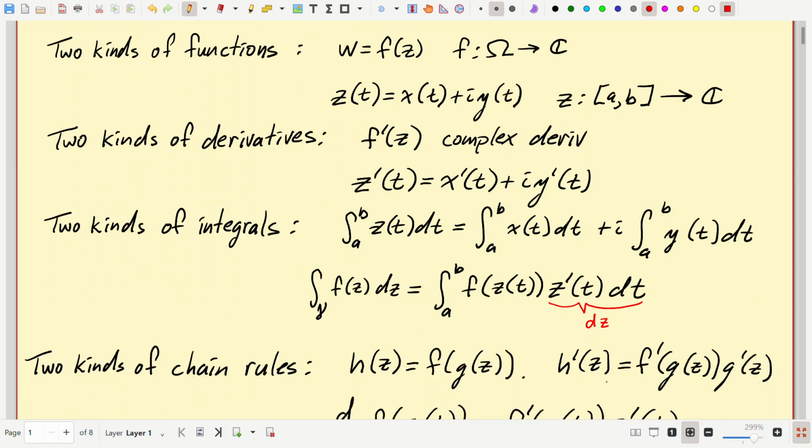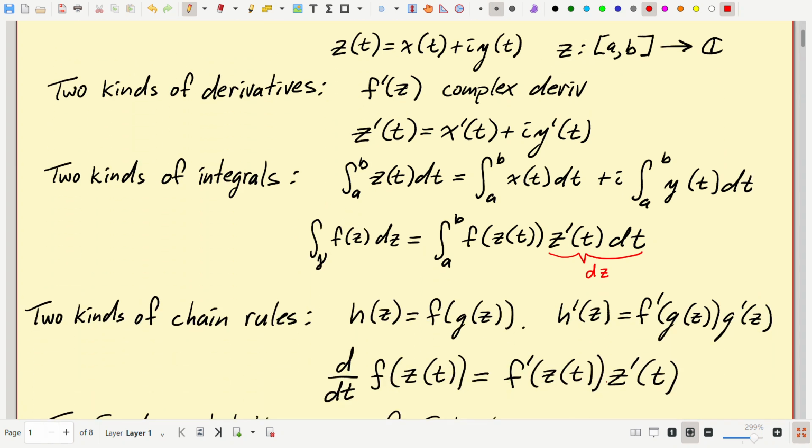And the next, let's see, I proved these last time. There's two kinds of chain rules. One is the one for analytic functions that's very similar to the freshman calculus version. And the new one is when f is analytic and you stick a z of t in it and get f of z of t.